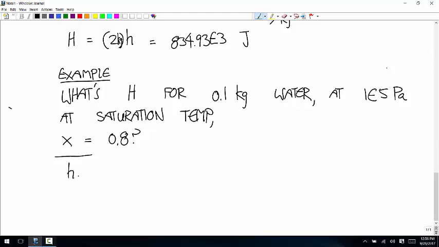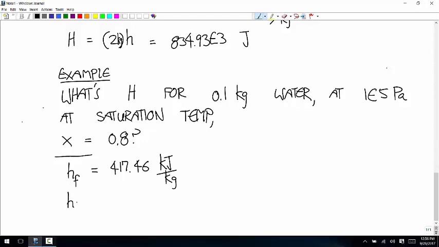So the specific enthalpy for the liquid, that's written as f for fluid, is 417.46 kilojoules per kilogram. That's the one we calculated before.